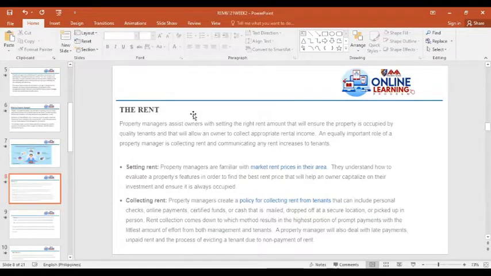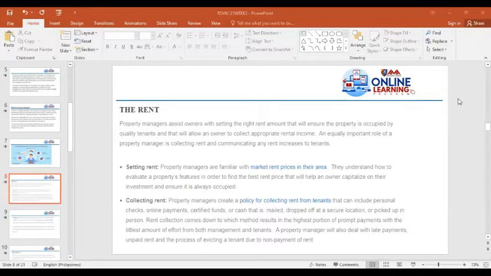Okay, for the rent, property managers assist owners with setting the right rent amount that will ensure the property is occupied by quality tenants, and that will allow an owner to collect appropriate rental income.